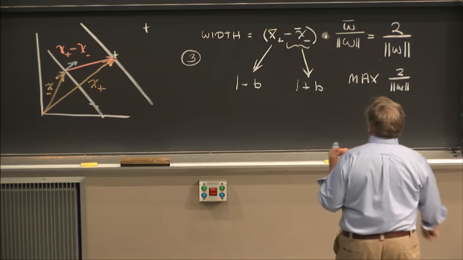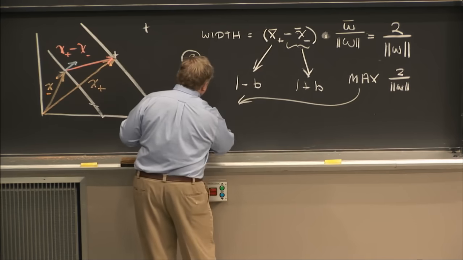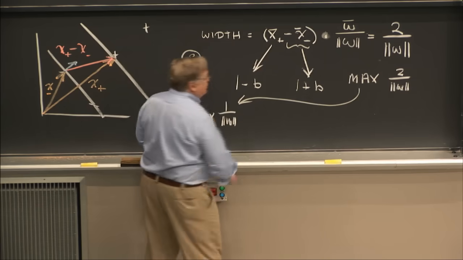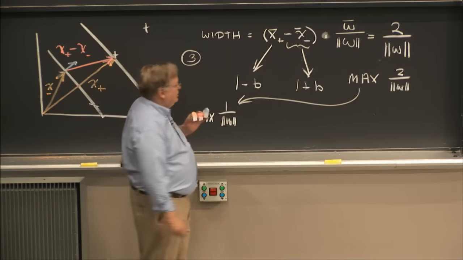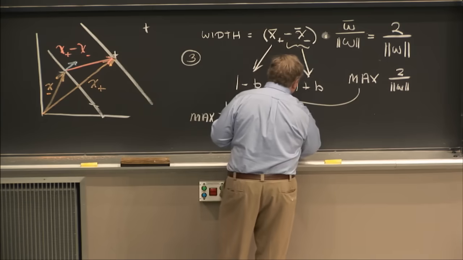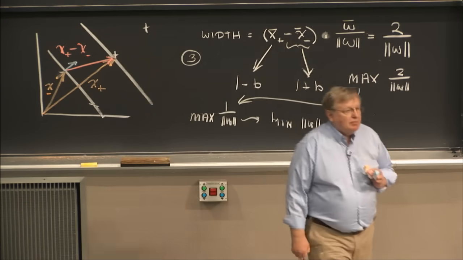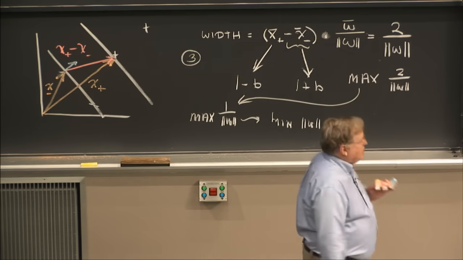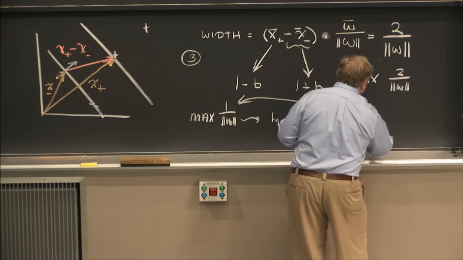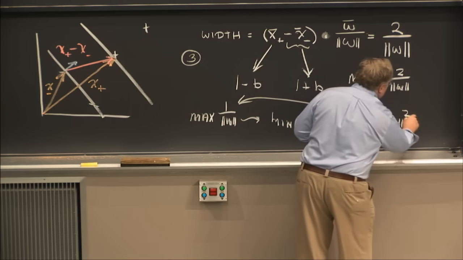So that means that it's okay to maximize 1 over w instead. We just drop the constant. And that means that it's okay to minimize the magnitude of w, right? And that means that it's okay to minimize 1/2 times the magnitude of w squared.